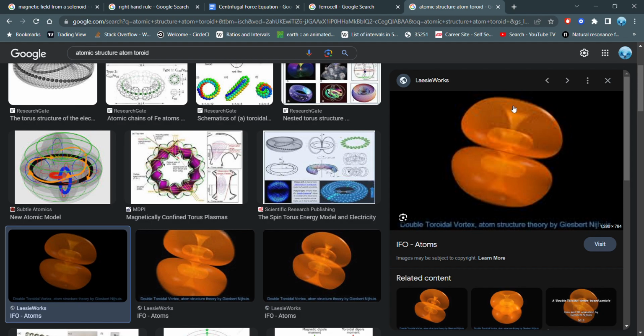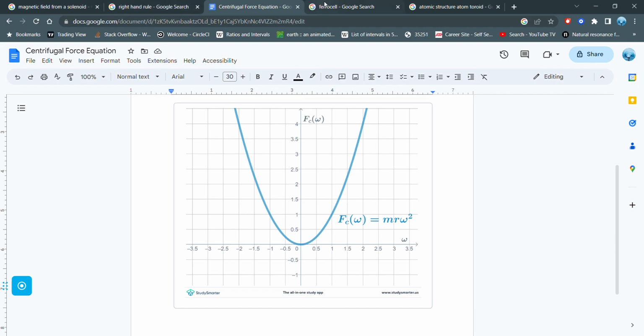This is showing that the angular frequency increases as one approaches zero radius. In other words, as one approaches the apex of the tornado, there is an increase in velocity. And where there is an increase in angular velocity, there is an exponential increase of force.